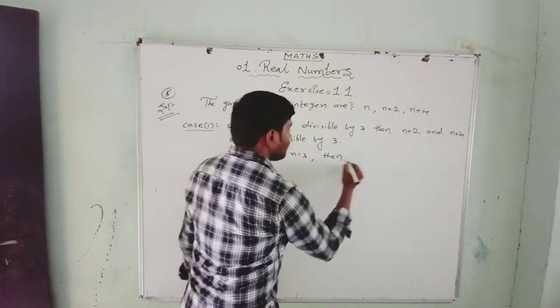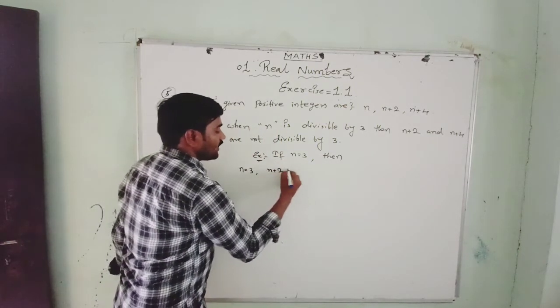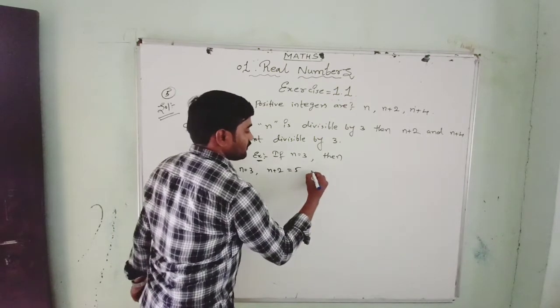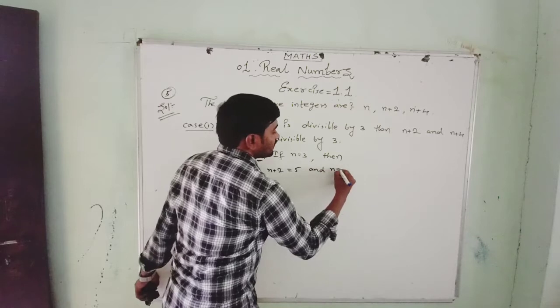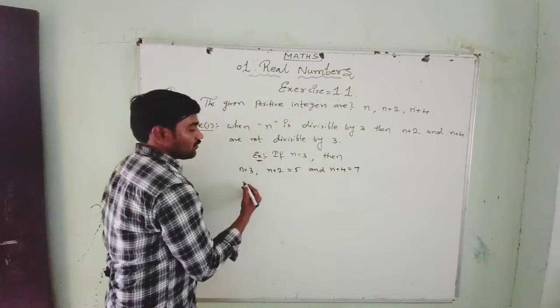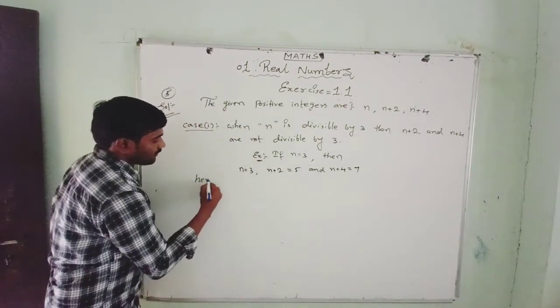Then n equals 3, n plus 2 equals 5 and n plus 4 equals 7. Here only n is divisible by 3.